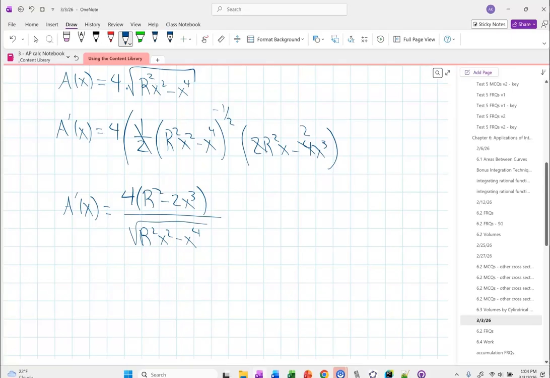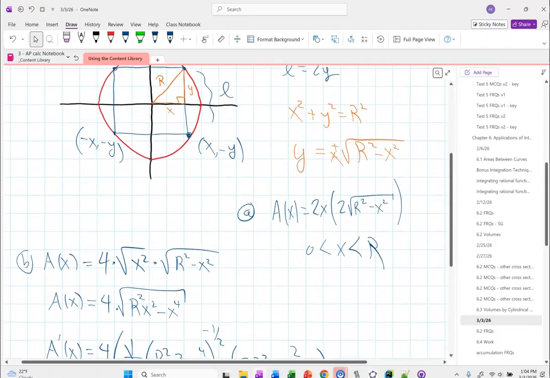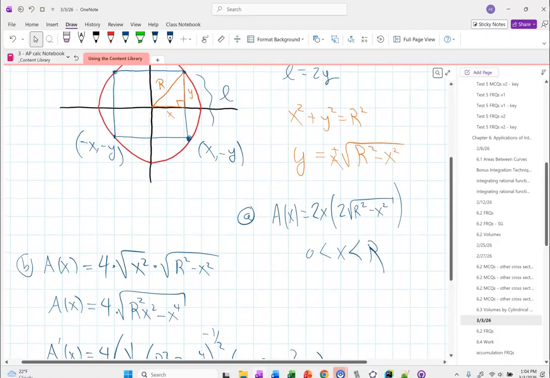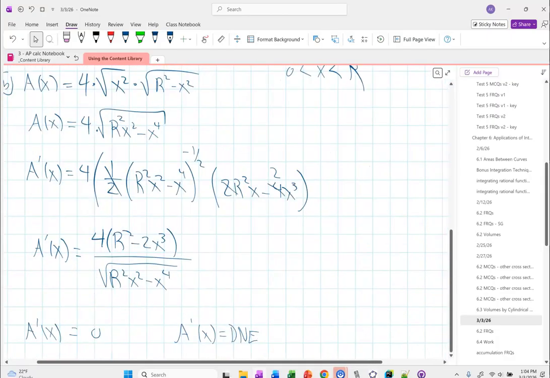I'm now going to find the critical values. So I'm going to take that derivative and set it equal to 0 and doesn't exist. I can see that if x equals 0, I end up with a 0 denominator, but that's fine because x equals 0 was not part of my domain anyway.